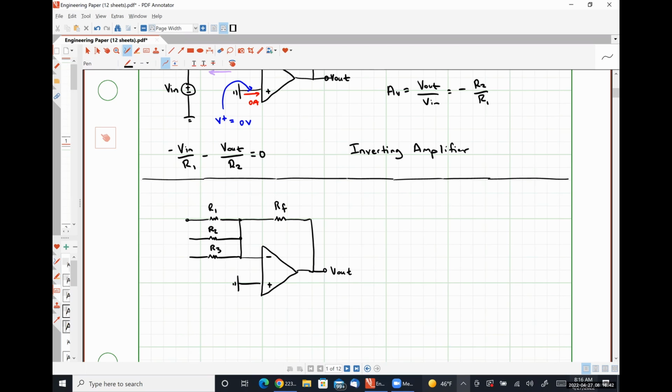And to give myself a little more room, I'm going to say that we have an input voltage VN1 applied across resistor R1, VN2 applied at resistor R2, and VN3 applied at resistor R3. So functionally, or at least based purely on looking at it, this looks very, very similar to our inverting amplifier that we just discussed, except that it has multiple input signals and multiple resistors connected to the inverting input terminal, right?